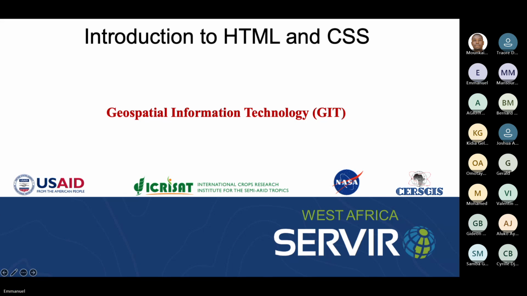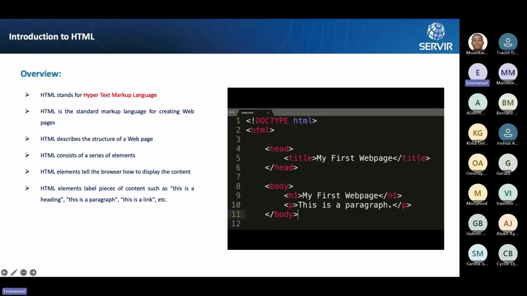Okay. So for HTML and CSS, HTML stands for Hypertext Markup Language, and that is basically the language for the web. It's just a set of keywords and instructions we use to build web pages and the web portals we all know and love.